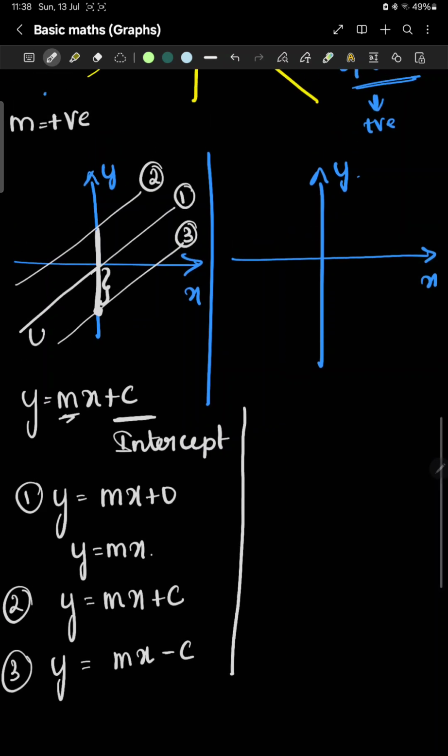Similarly, while coming to the negative slope, m is negative, I will be having three different lines.